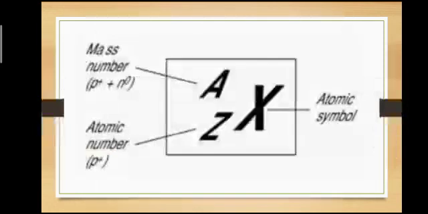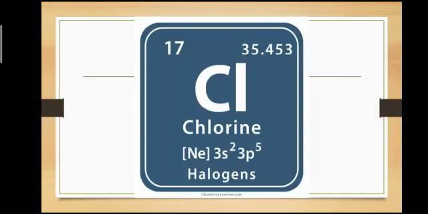Z is the atomic number, which is either number of protons or number of electrons in a neutral atom. A is the mass number, which is the sum of number of protons and number of neutrons present in the nucleus of an atom. Now, let's see with an example.